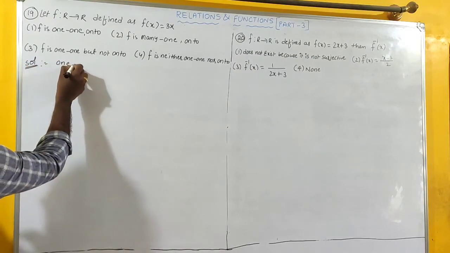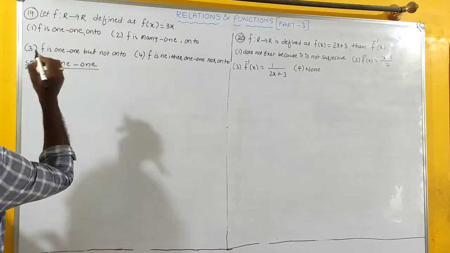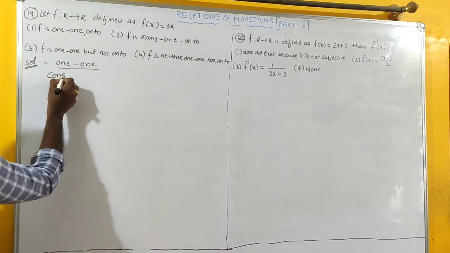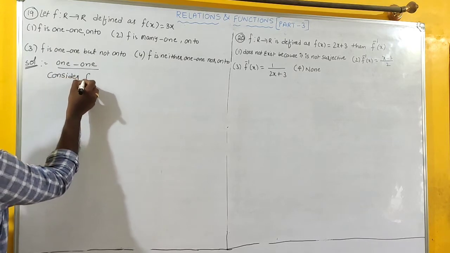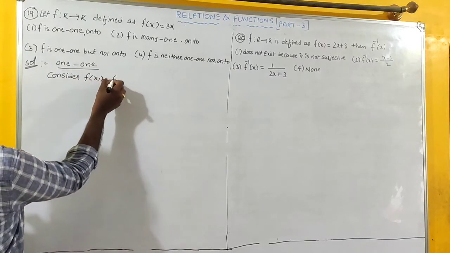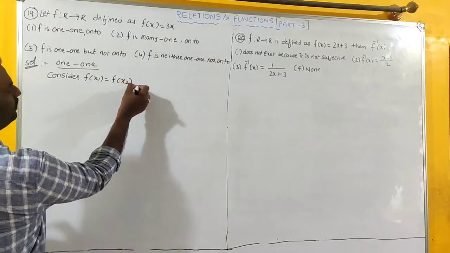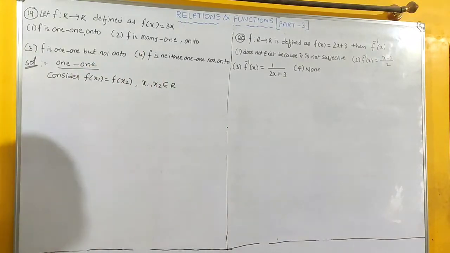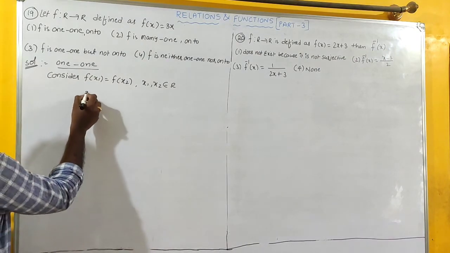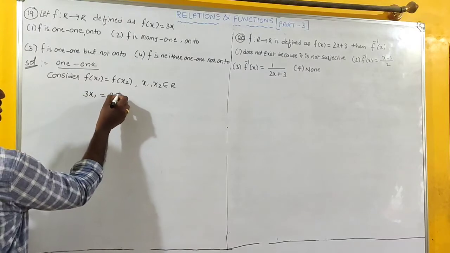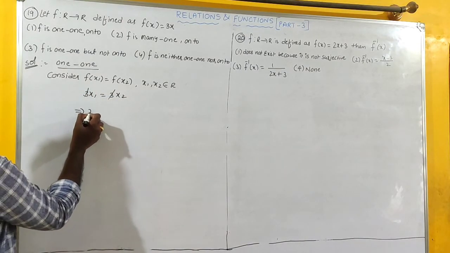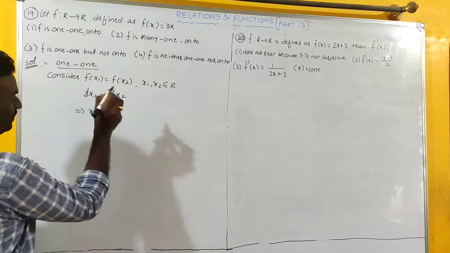First I am verifying 1-1. Consider f(x1) = f(x2), where x1, x2 belong to the domain. f(x) is 3x, so f(x1) = 3x1 = 3x2. Now the 3s get cancelled. Then finally we get x1 = x2.